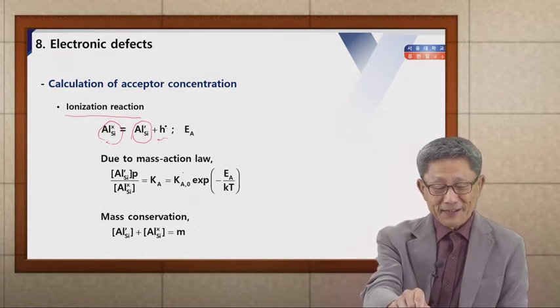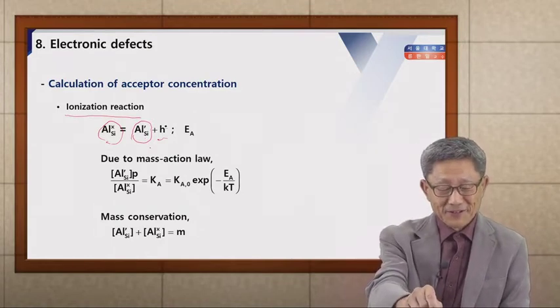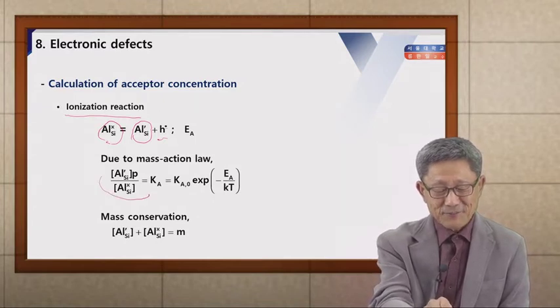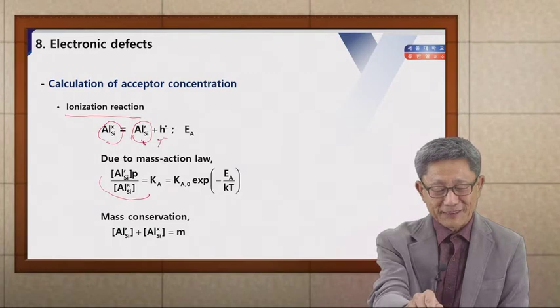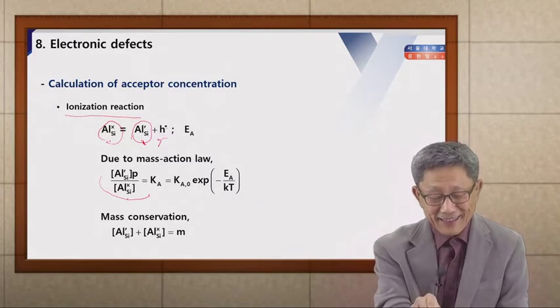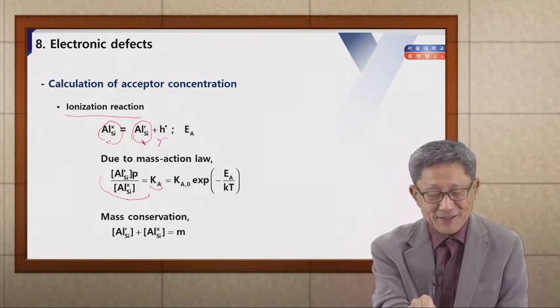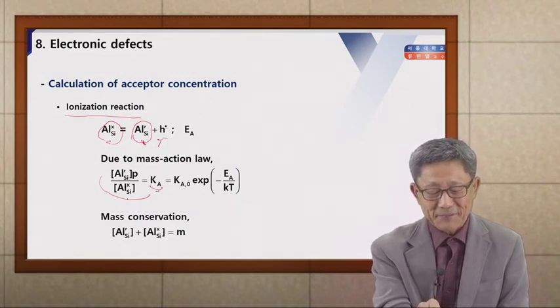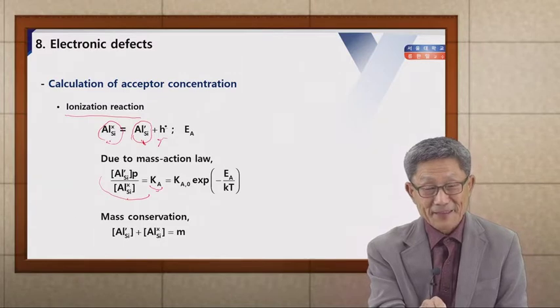So you can simply apply the mass action law to get this expression, namely the concentration product of these two products divided by the reactant concentration. Again, this equilibrium constant is called the ionization equilibrium constant, in this case for the case of the acceptor, so I put A here.